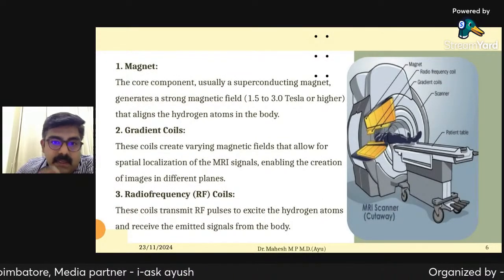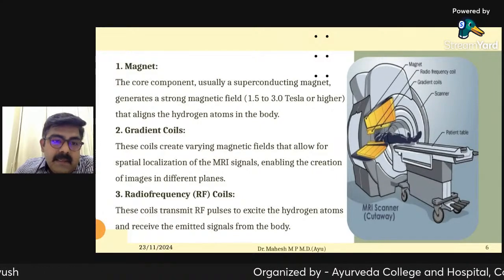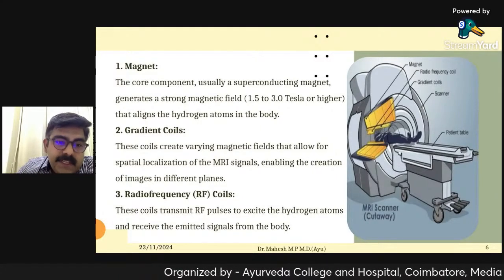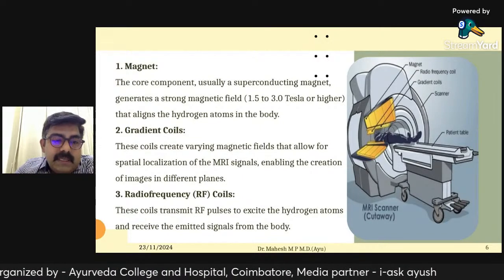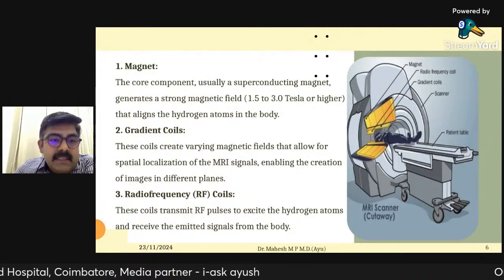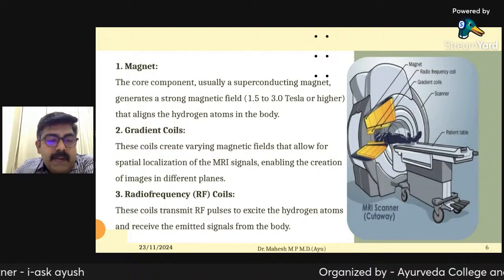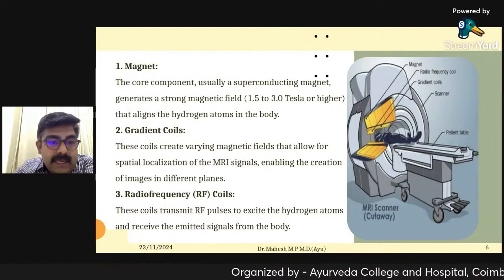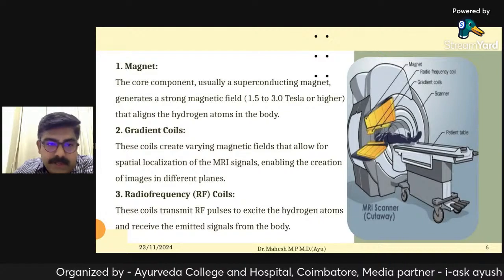So this MRI machine consists of a magnet, gradient coils, radio frequency coils, etc. The core component is the magnet. Usually, the superconducting magnet generates a strong magnetic field, 1.5 to 3 Tesla or higher, and that aligns the hydrogen atoms in the body.